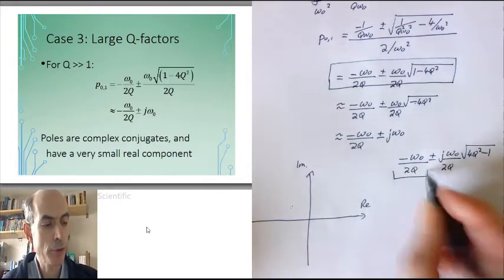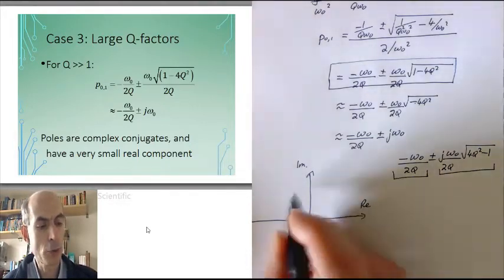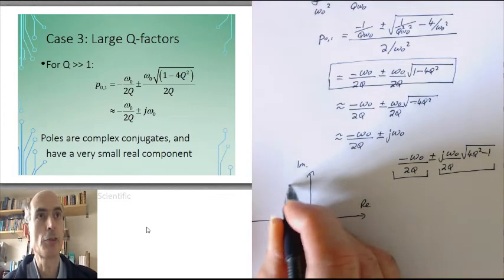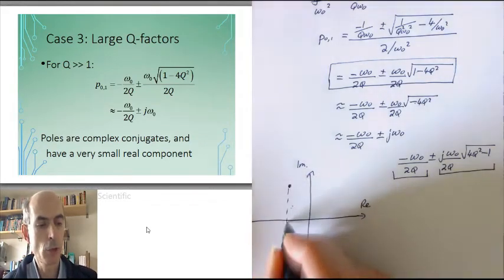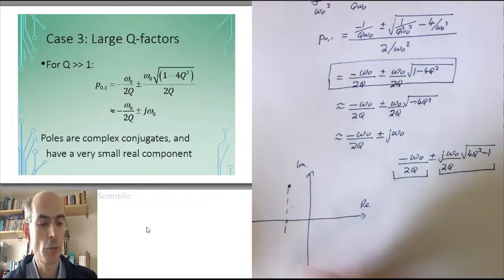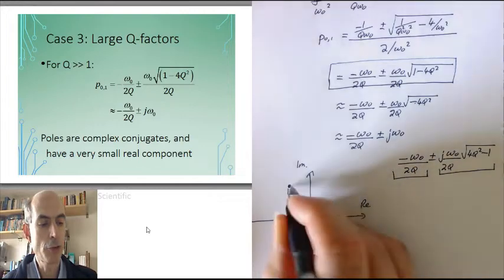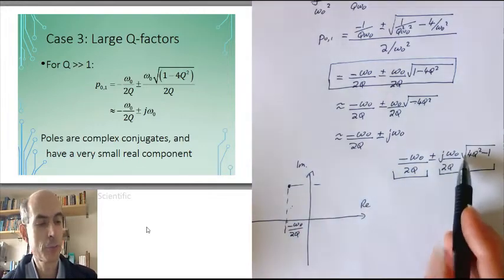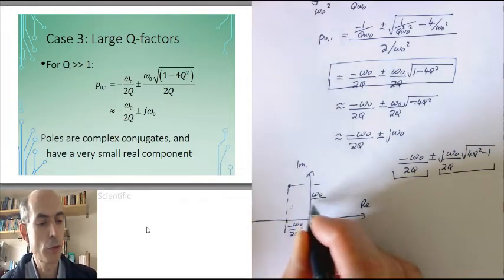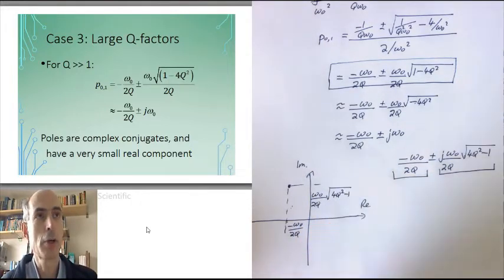That is the real part. This is the imaginary part. So, one of our poles might be, say, at that location there. Its real part is going to be minus omega naught over 2q. And its imaginary part is going to be given by this expression here, omega naught over 2q times the square root of 4q squared minus 1.